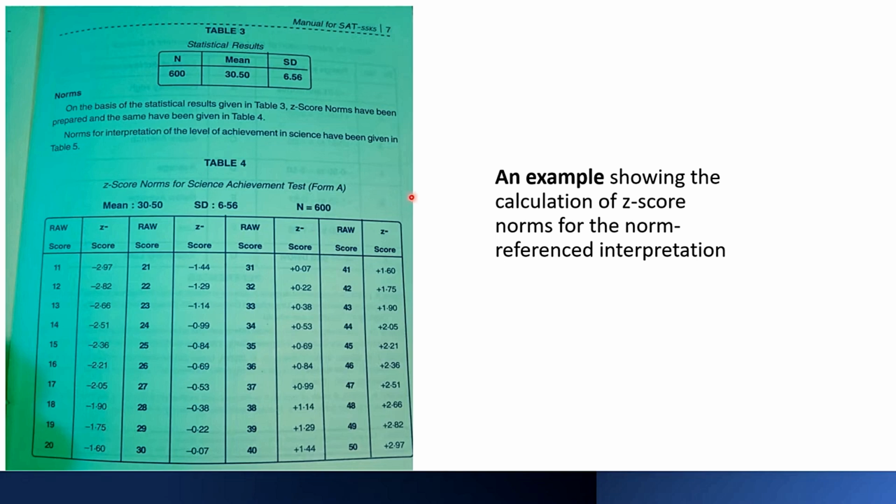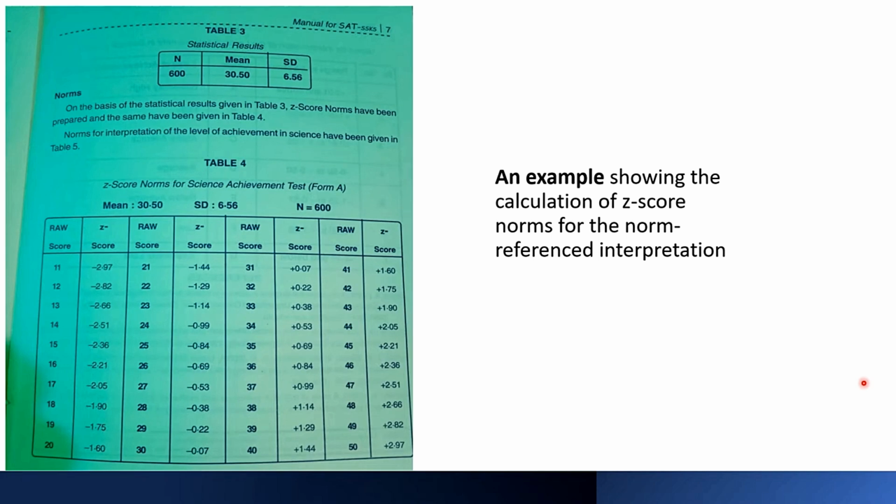This screenshot has been taken from the manual of a published science achievement test constructed by H. Srivastava and K.S. Mishra. In this, you can see the Z-score norms have been calculated.